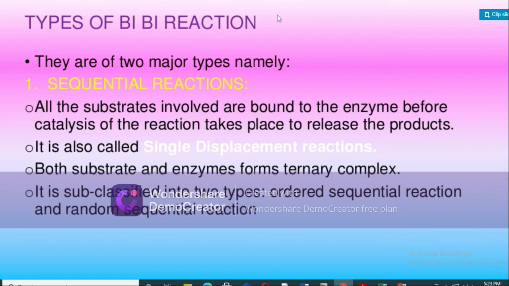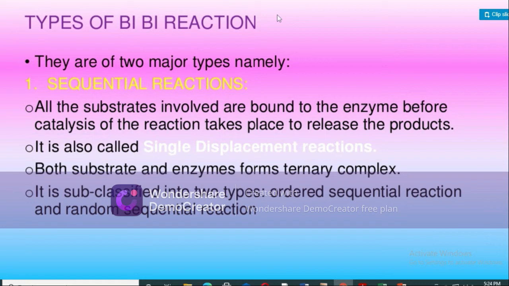Then it is subclassified into two types. The sequential reactions are further classified into two. We have ordered sequential reactions and we have random sequential reactions. So in an ordered sequential reaction, it means that A must bind to your enzyme first, before B. But in random, it means that both substrates A and B have equal chance of binding to your enzyme.